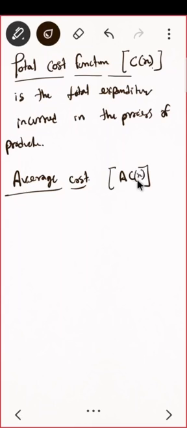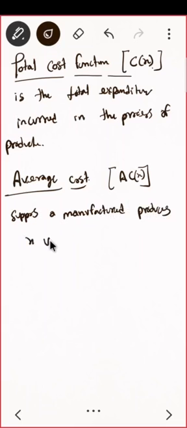Where what is your X? X is, maybe I should write somewhere, suppose a manufacturer produces X units of a certain item.